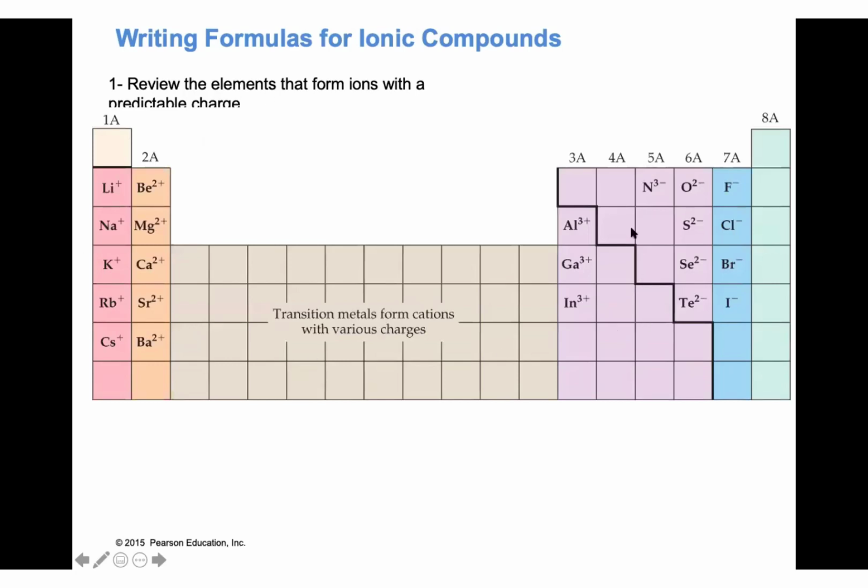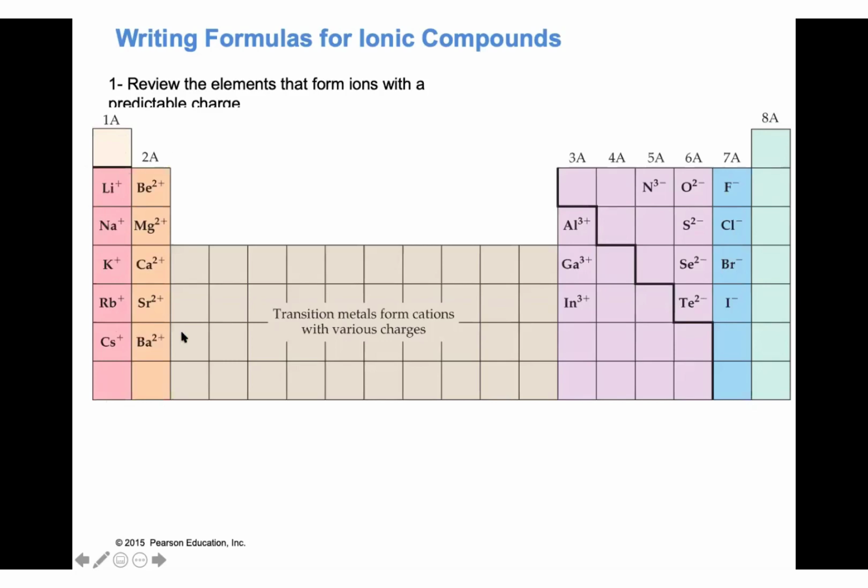This is the periodic table which tells about all the charges of the elements. These are the ones that make only one type of charge, and you should memorize them. Lithium, sodium, potassium, rubidium, and cesium are from group 1A and always make a 1 plus charge.